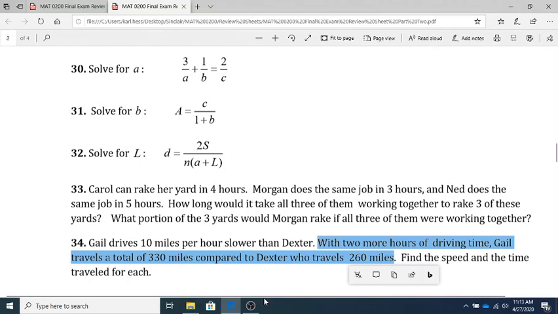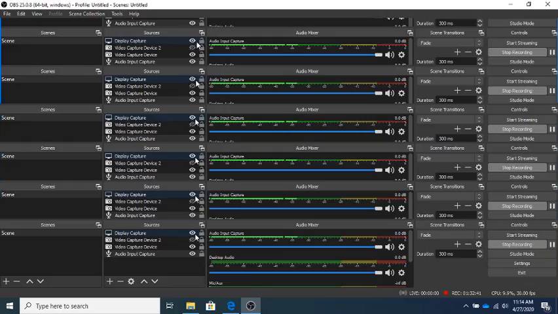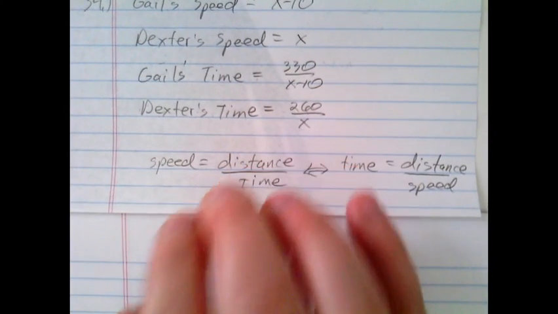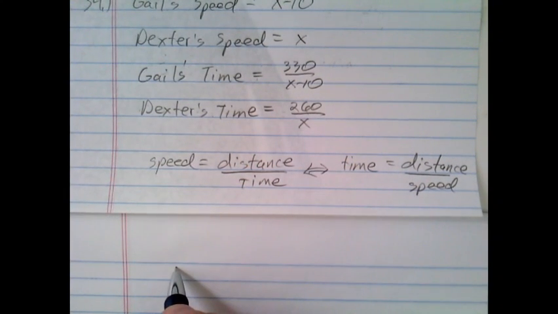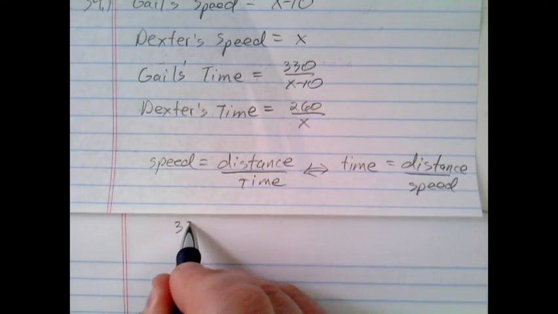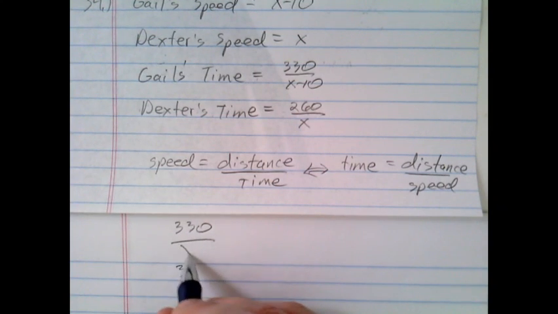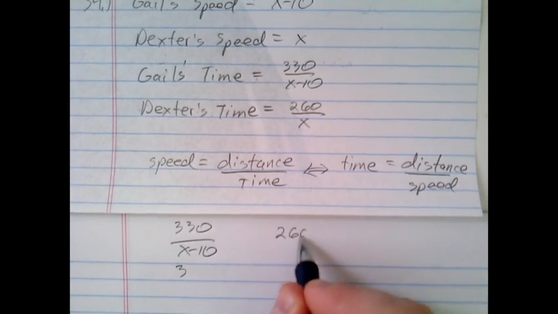So here's how we lay that out. First, I need a little more space. Here's Gail's time, 330 over x minus 10. Here's Dexter's time.